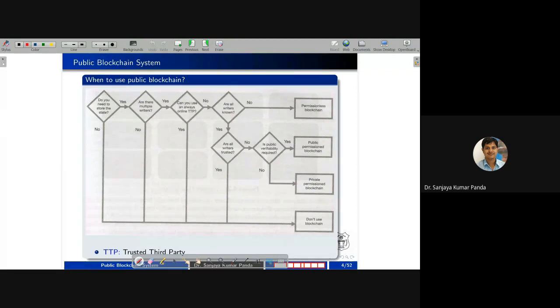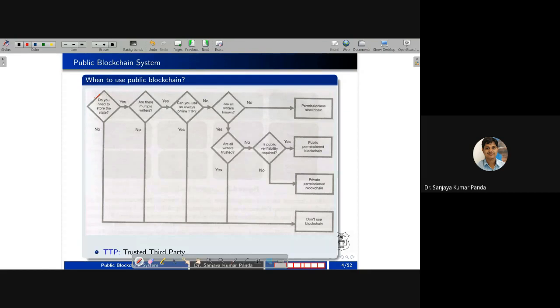So the first question says, do you need to store the state? Like you are making a particular transaction, you want to keep it in some storage, right? That is called a state. A state not only contains your transaction, it contains many people's transactions. So if you want to keep such transactions in some storage, or you want them to be available in the distributed ledger, right, that you have to decide.